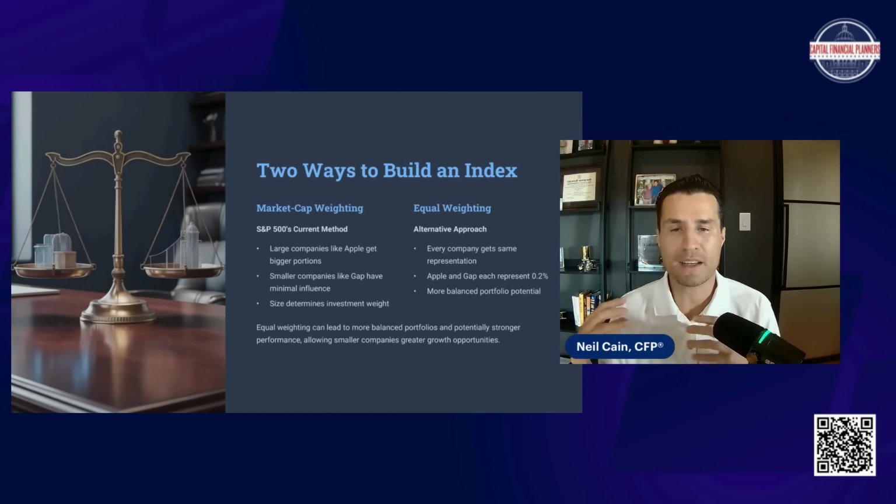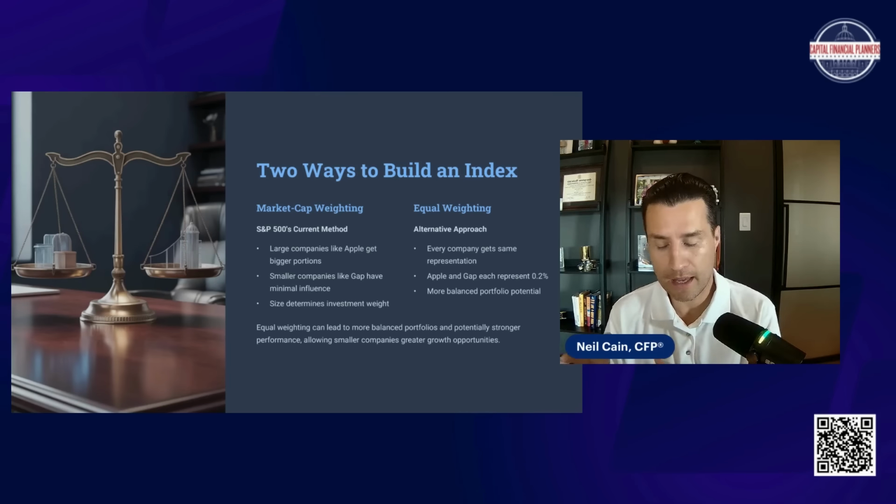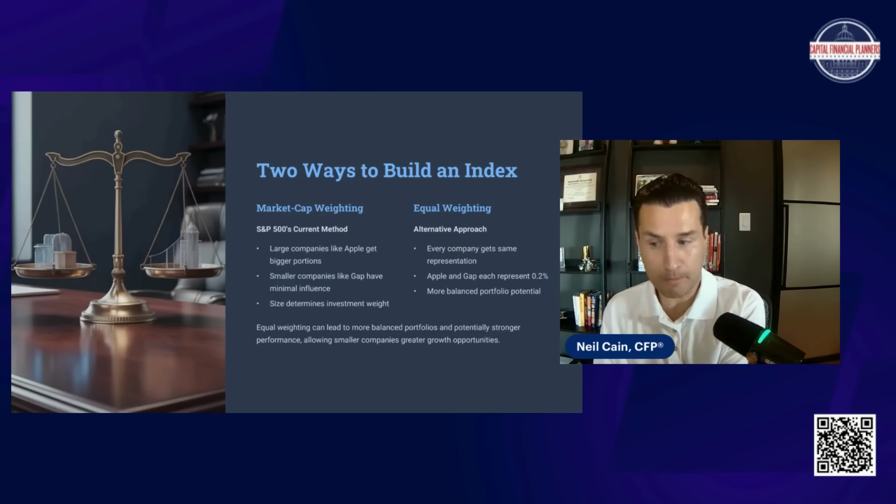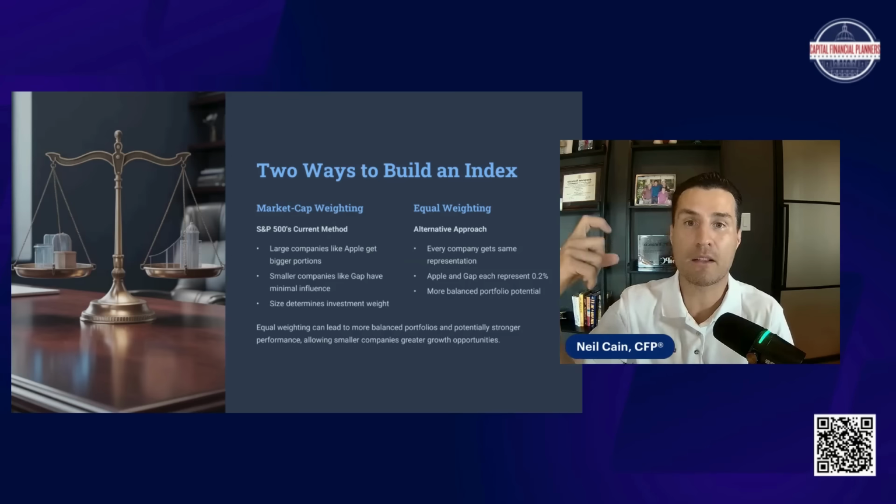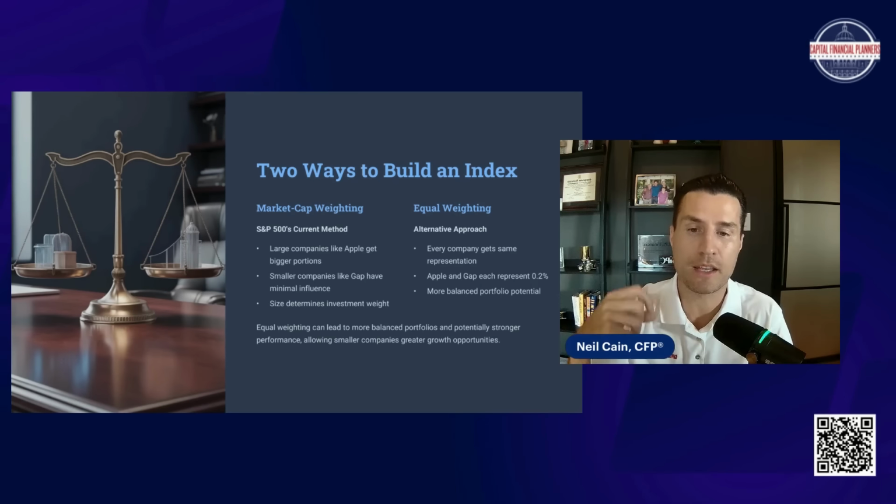First, we have to take a look at what we mean by market cap weighting. Market cap weighting essentially takes the company's valuation based on price per share and gives that a larger percentage in the index.